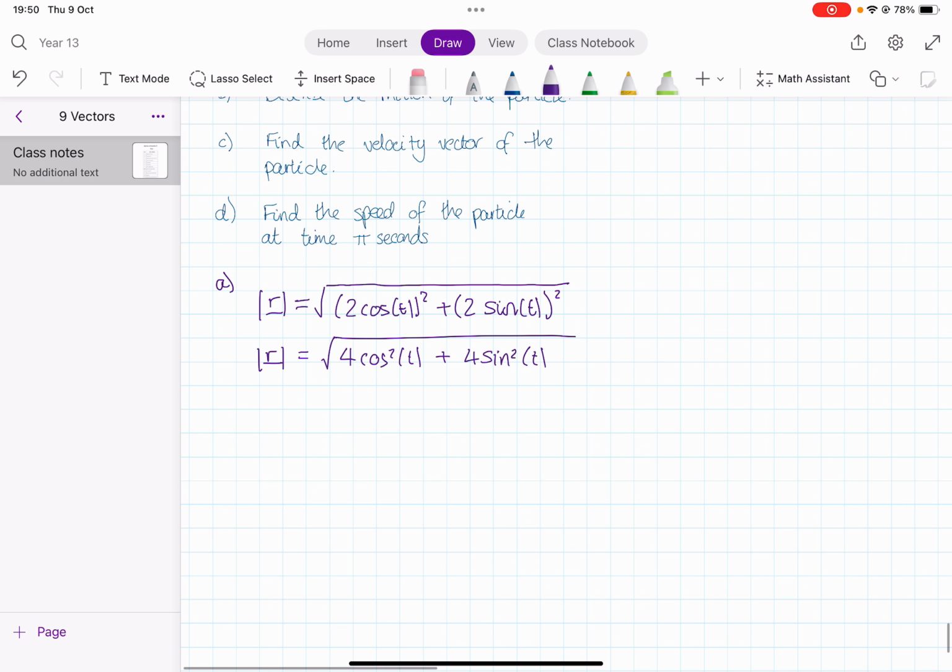Now, both of these have 4 as a common factor, so I'm going to start by taking that out. What I'm left with in the brackets is the expression cos squared t plus sine squared t.